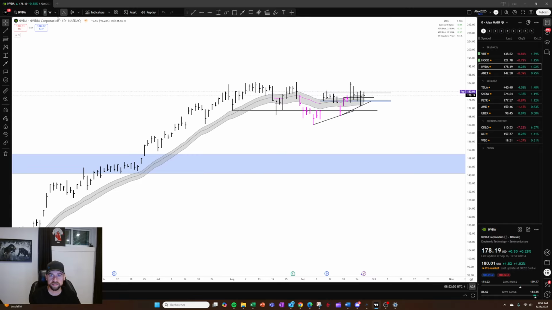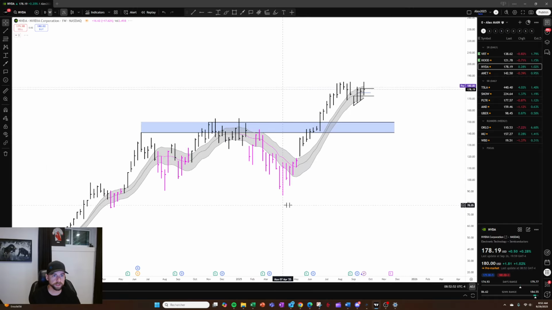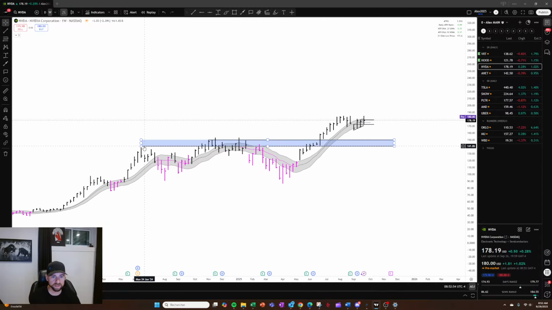Nvidia, I really like that setup. So bigger picture, you have that multi-month and even year base breakout after April's low. When a big breakout like that happens, don't start to look at shorting. You start to look at continuation patterns because it's just going sideways. It's basing while we did break out from a multi-year base.